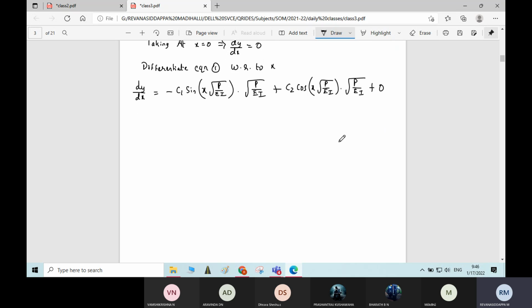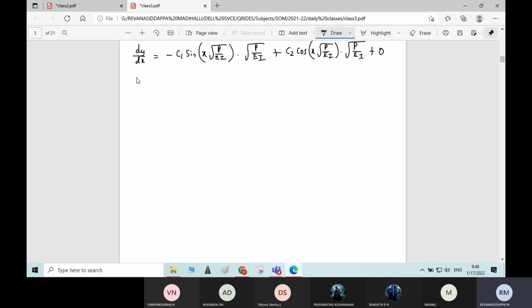Now I'll rewrite this equation. Therefore dy by dx is equal to minus c1 root P by EI into sin of x root P by EI plus c2 into root P by EI into cos x root P by EI.